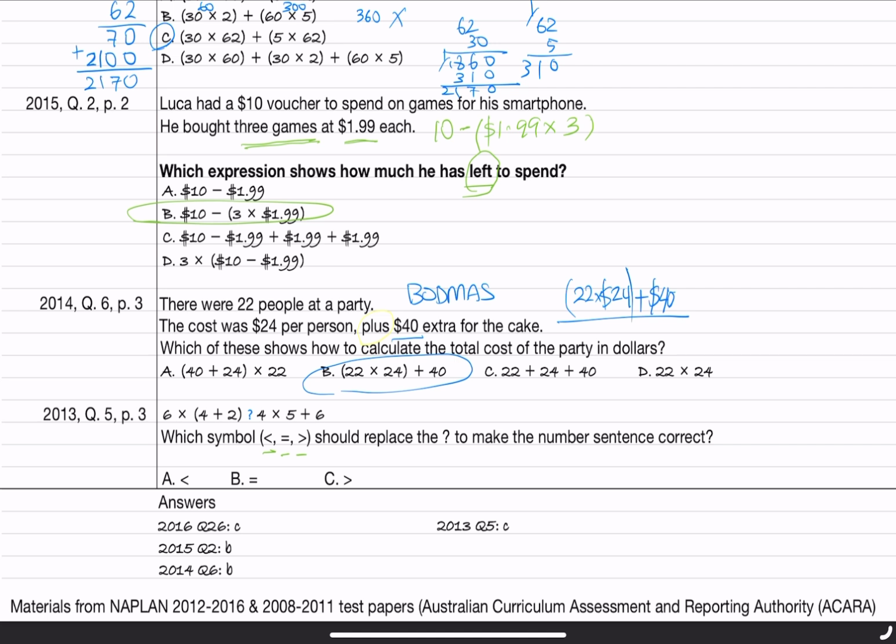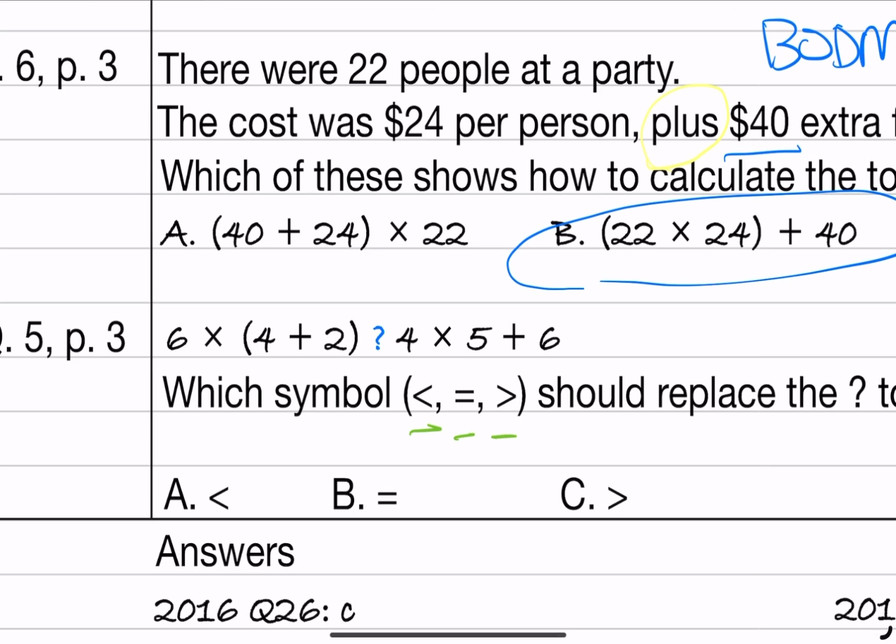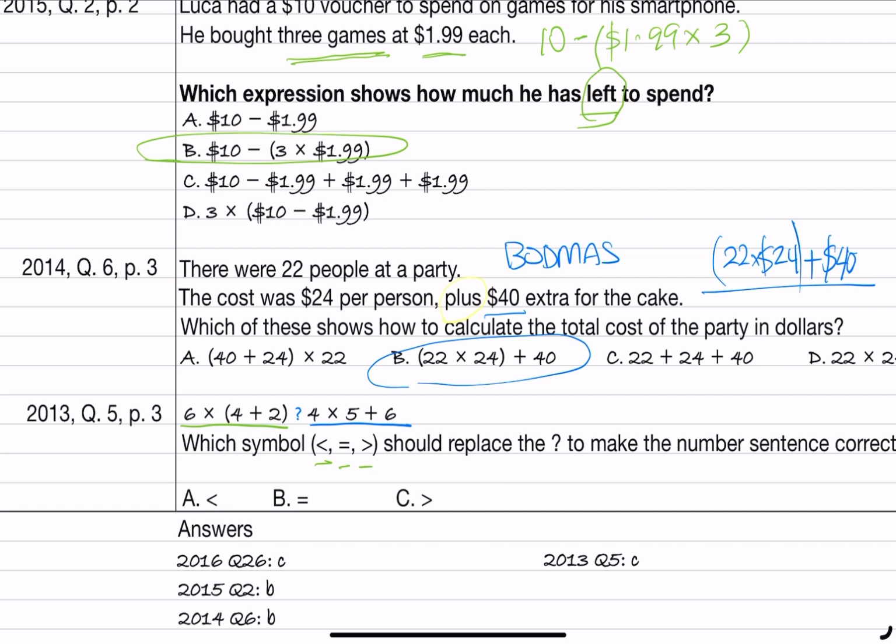So what we can do is solve each side. This could be a number operation question, and it could also be an algebra question. But for now, let's stick with our order of operations question.